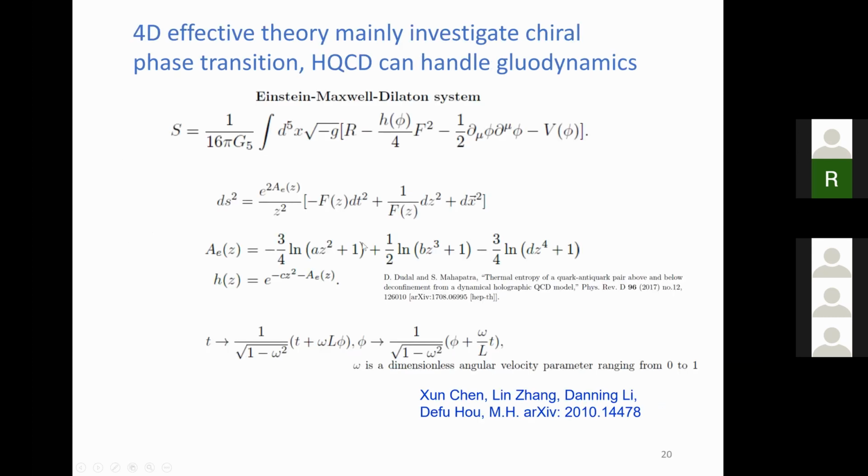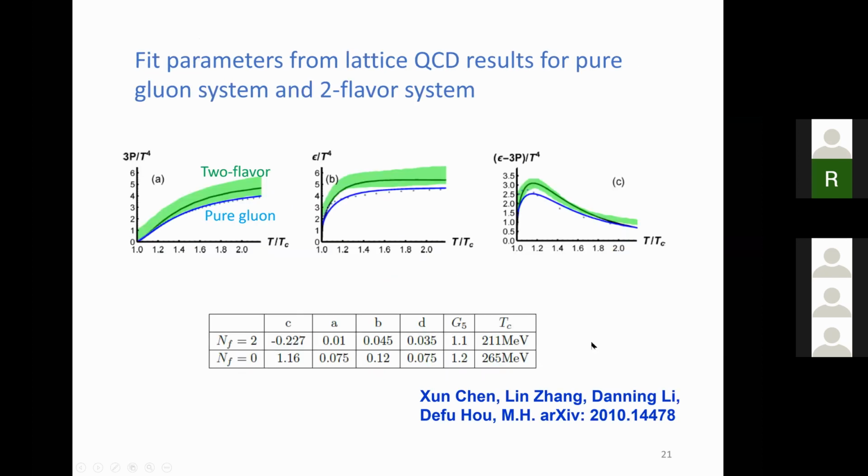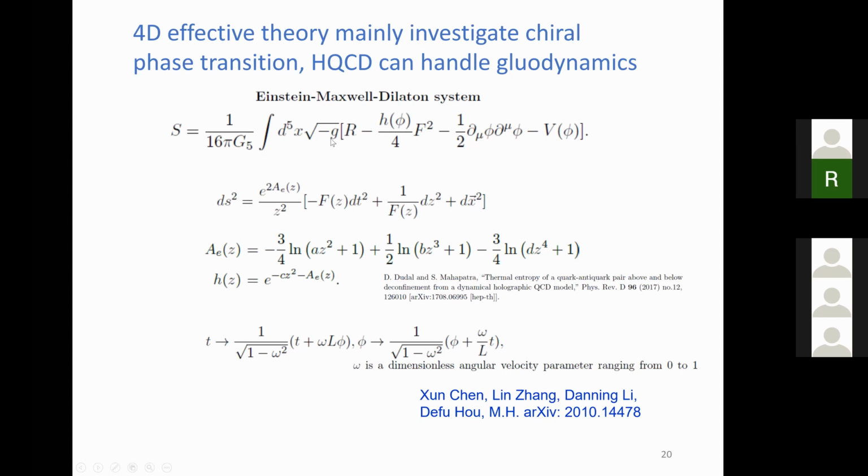Then we basically use these two systems to investigate the rotation effect. So we extend this EMD model to rotation, where omega is a dimensionless angular velocity parameter ranging from 0 to 1. Okay, this is the setup of the model.